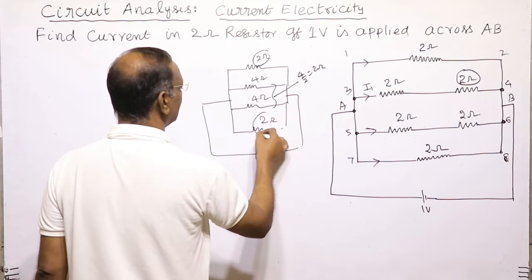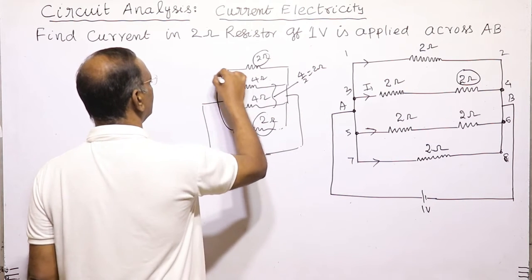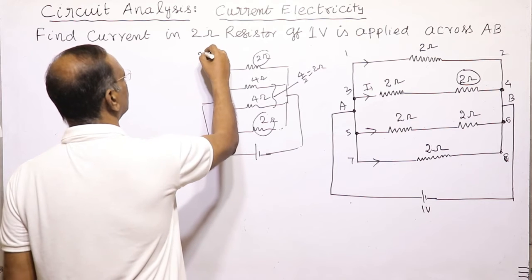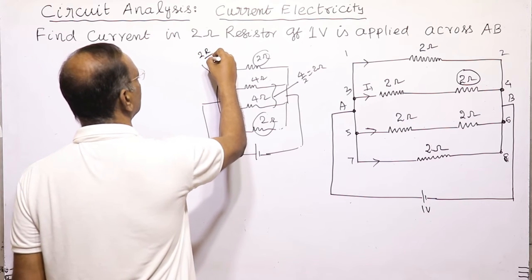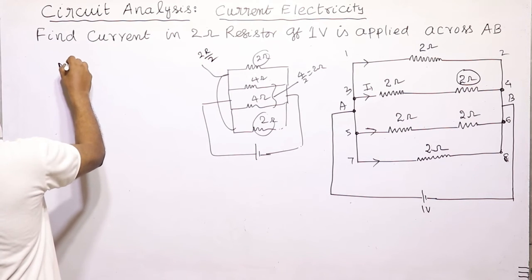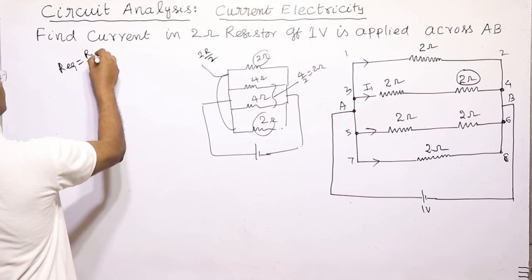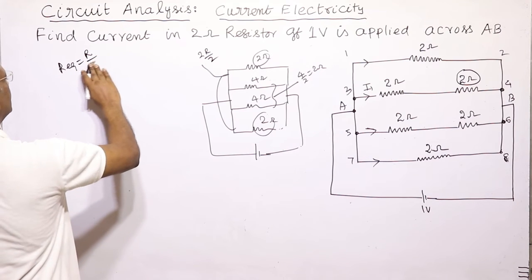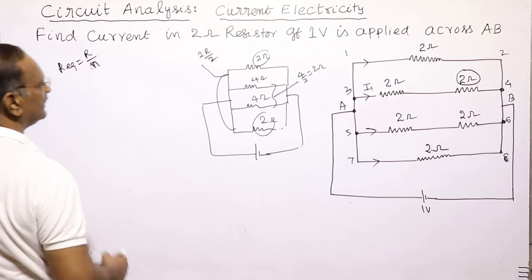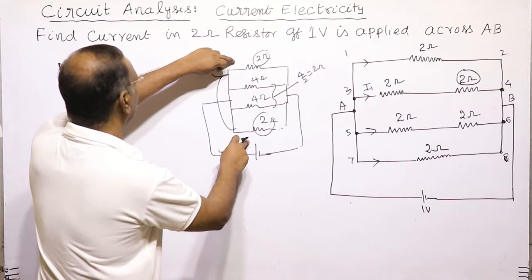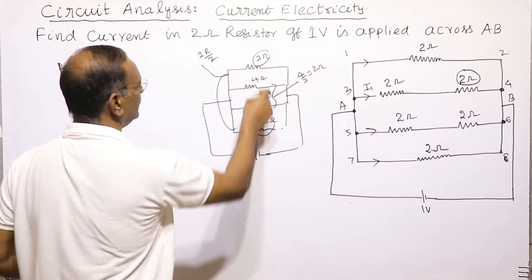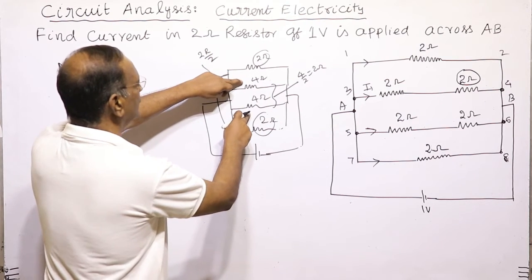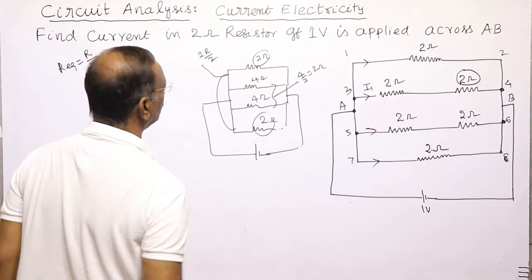And these are identical. So R equivalent is equal to any one resistor divided by the number of resistors. Here, these are the same, identical. Any one R is 4, so 4 divided by 2.